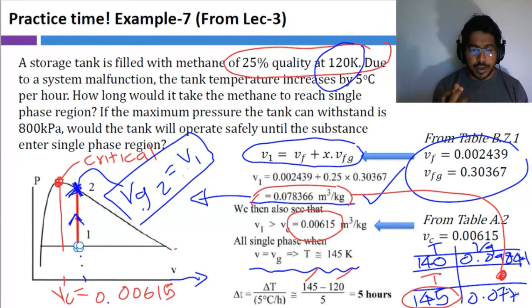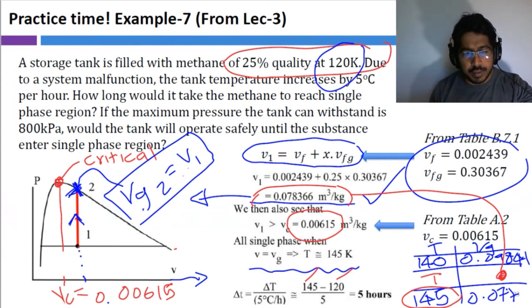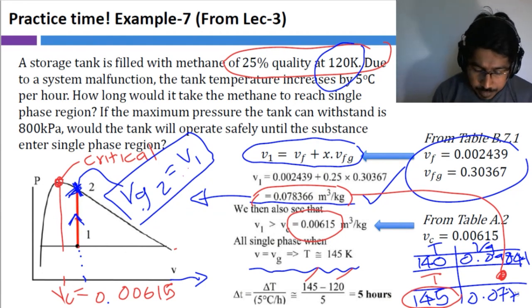And if a 5 Celsius temperature difference happens every hour, we can find how much time is taken to complete this given temperature difference. Some of you might be wondering, the temperature is given in Kelvin, but the temperature rate is given in Celsius, but it does not matter, as I explained at the beginning.